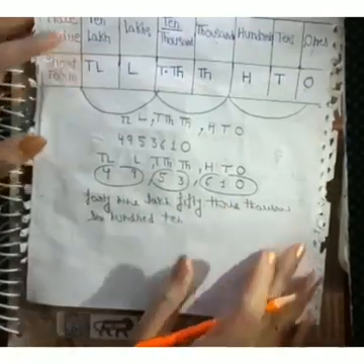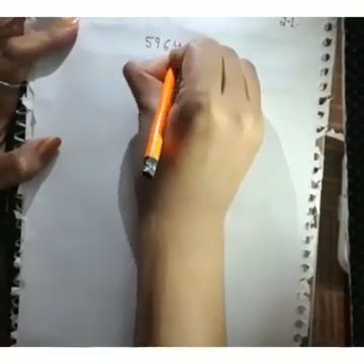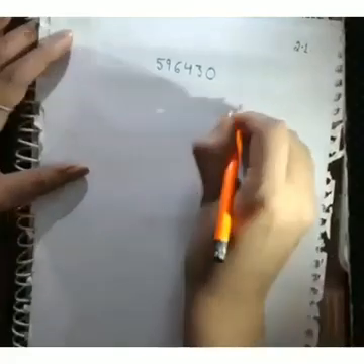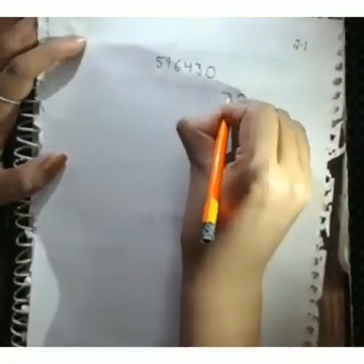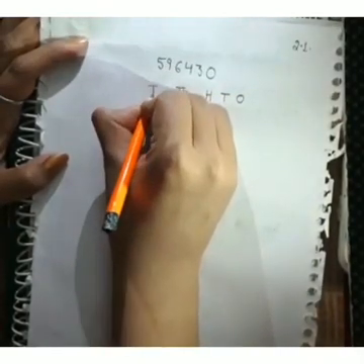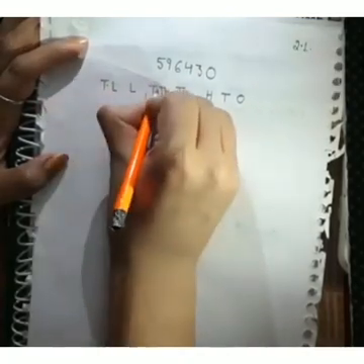Let's take one more example. 5, 9, 6, 4, 3, 0. Now let's write ones, tens, 100, comma, 1000, 10,000, lakh, 10 lakh.